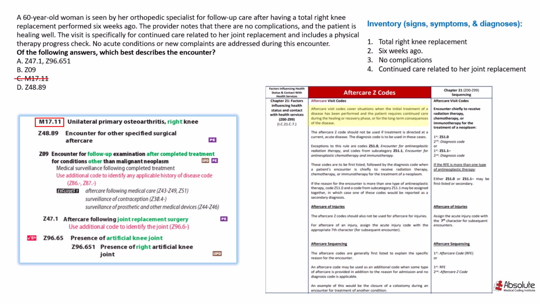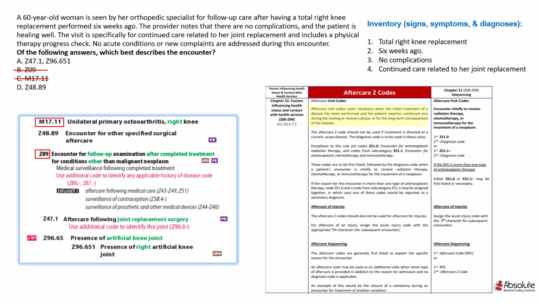And code Z09 is for encounter for follow-up examination after completed treatment for conditions other than malignant neoplasm. Well, option B, Z09, is incorrect because in our scenario, the patient is here for continued care related to her knee joint replacement, and it also includes a physical therapy progress check.